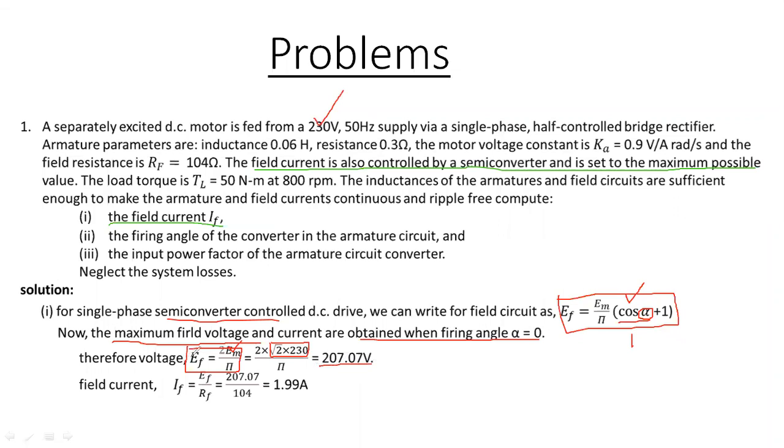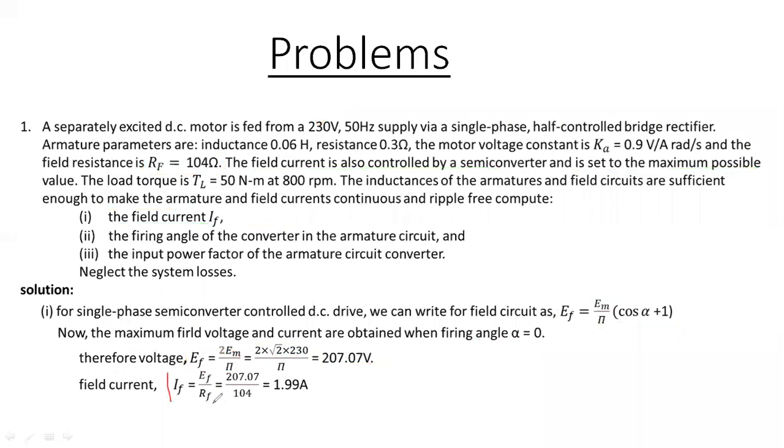Why do we need to calculate the field voltage? Because we have to determine the field current. We know the field resistance, so the field current can be written as IF is equal to EF by RF.